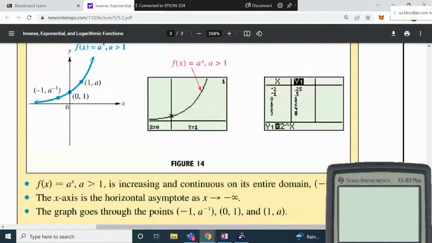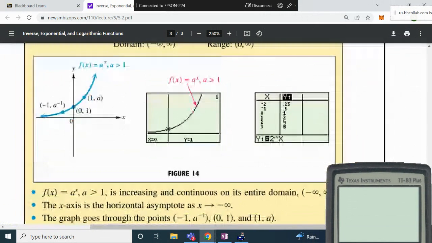Also, some more facts about the exponential function whose base is greater than 1. They would pass through these points: negative 1 comma a to the negative first power. They will always pass through the point 0 comma 1, and they will always pass through the point 1 comma a.